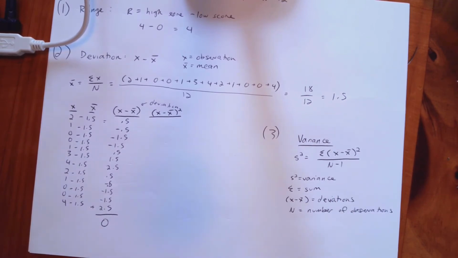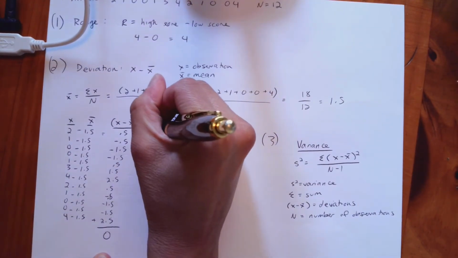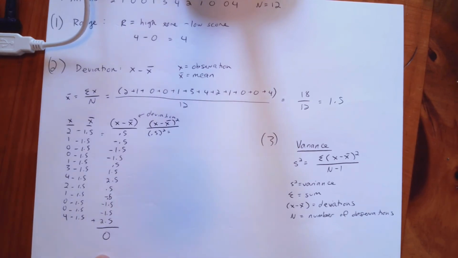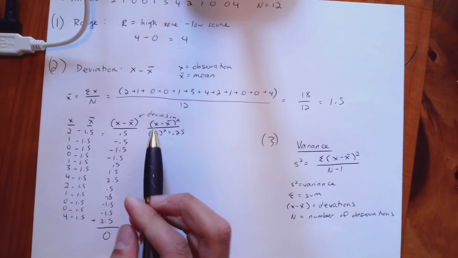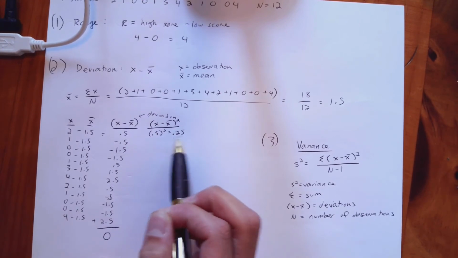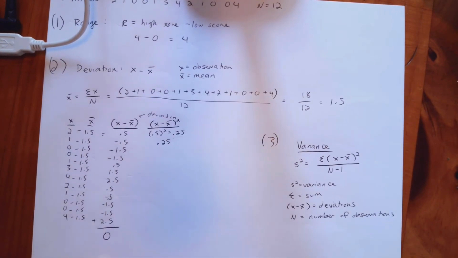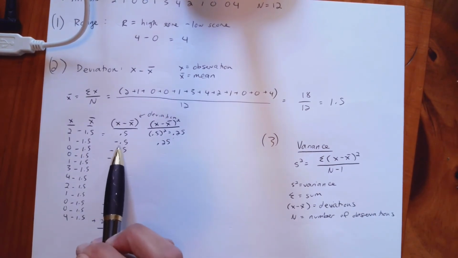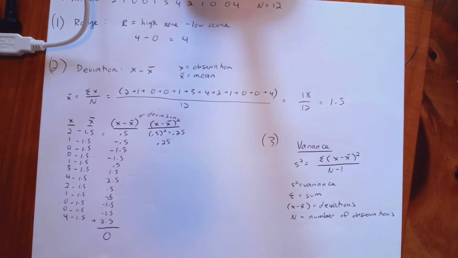So for each of these different deviations, we're going to multiply it by itself and get some number. So here 0.5 squared comes out to 0.25, and that's going to be x minus x bar squared is 0.25. And so I'm going to write out x minus x bar squared for each of these, so negative 0.5. Once you square it, the negative sign goes away, so it becomes 0.25.